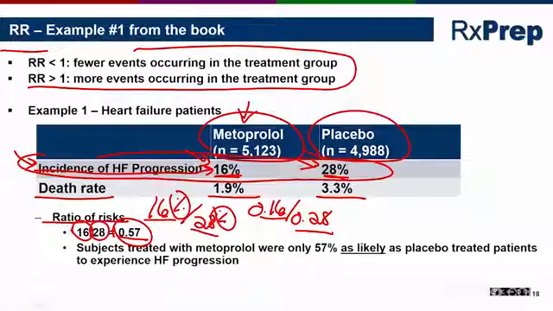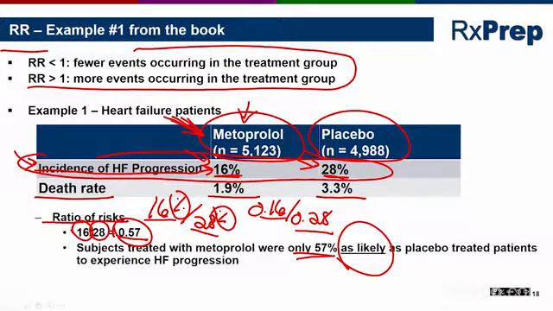Okay, so what does this 0.57 or 57% mean? This is the hard part. Subjects treated with metoprolol, so you're always looking at the group that receives the active drug or the drug in question, were only 57%, and we use the term as likely because we're comparing two groups.